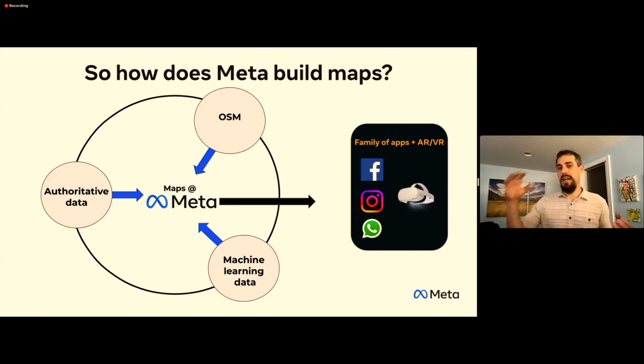Each one of those sources has a strength and a weakness, so what we try to do is keep the best available from each one of those sources and then match those together in one map, and that's what we provide to the public through all of our apps.